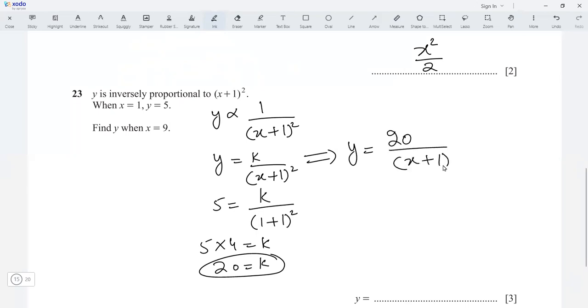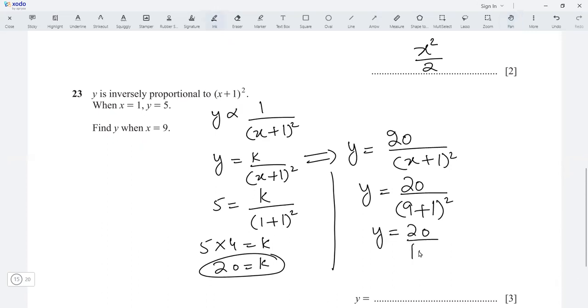What's the next question? In the next question, we have to find y. Write y as it is and replace x with 9. So we can write 20 over 9 plus 1 whole squared. What's 9 plus 1 whole squared? 9 plus 1 is 10. 10 whole squared is 100.